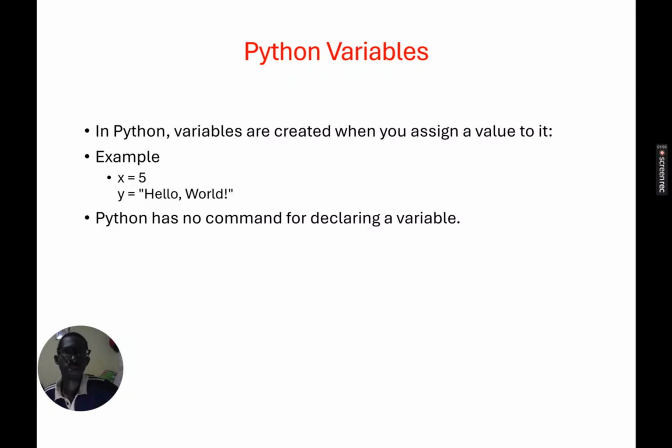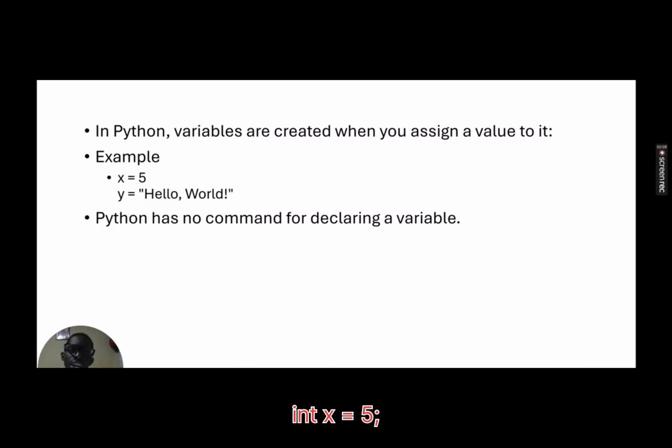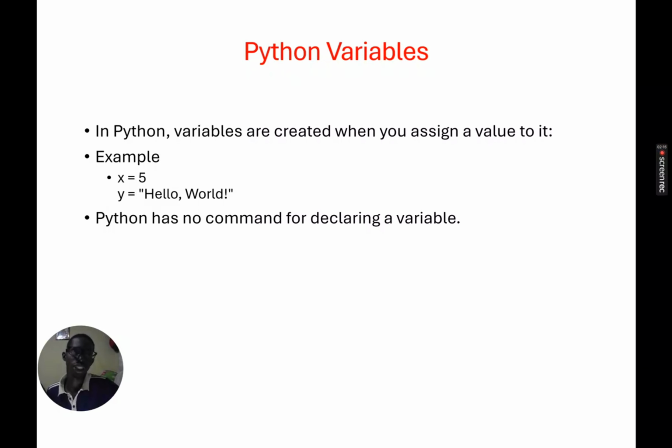In other programming languages such as C and C++, you declare and initialize. For instance, you can declare that our x's value is an integer. In C we can say int x is equal to 5, and then we terminate. So meaning that we would also give it a type. So if our y is a character, we declare it to be a character.